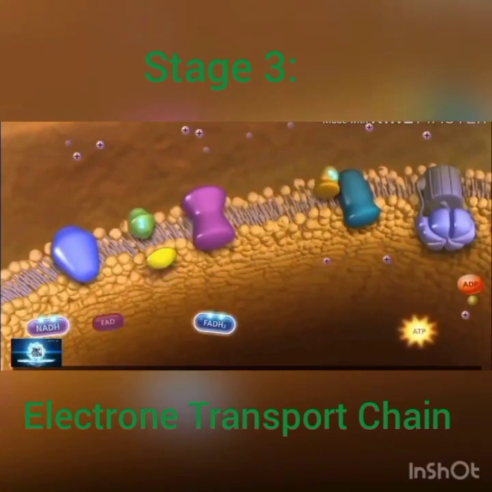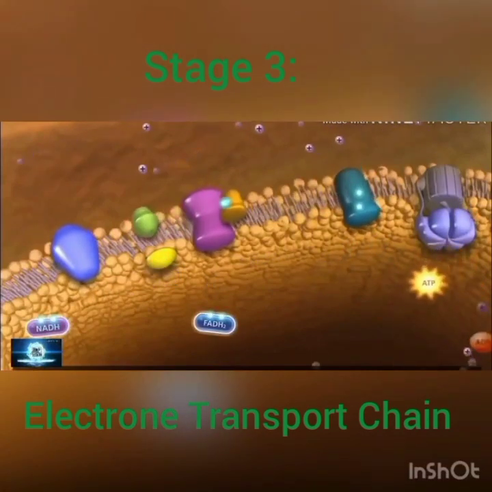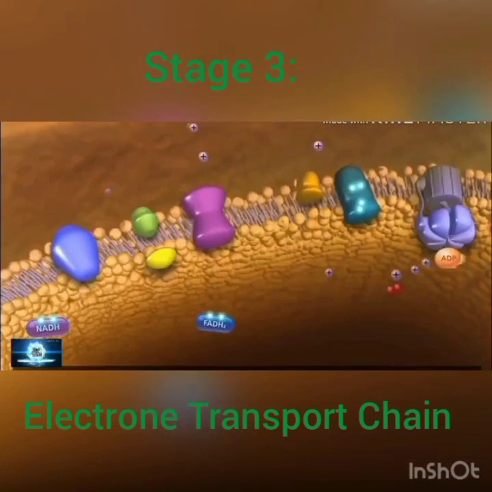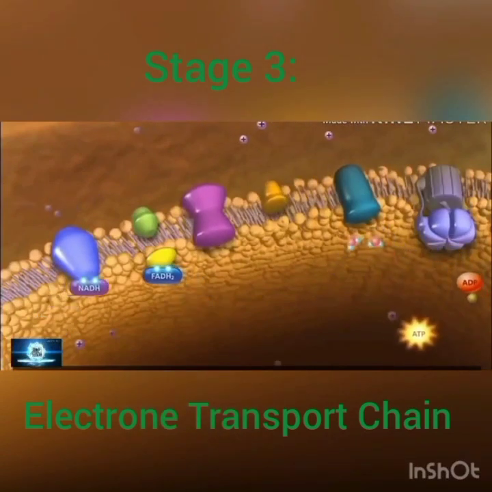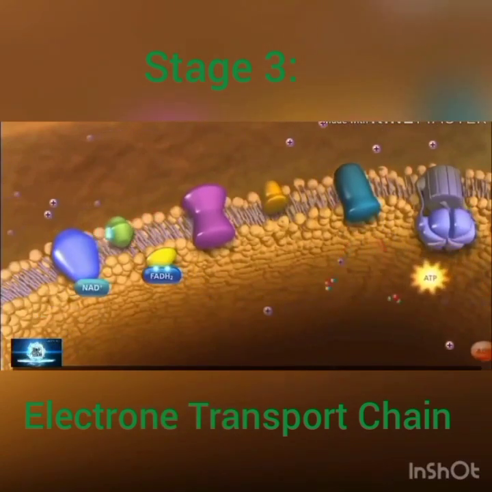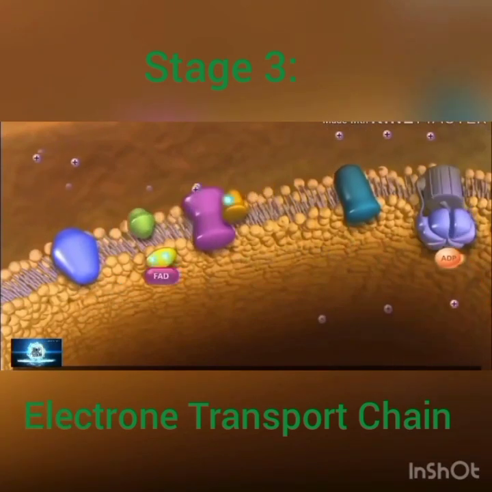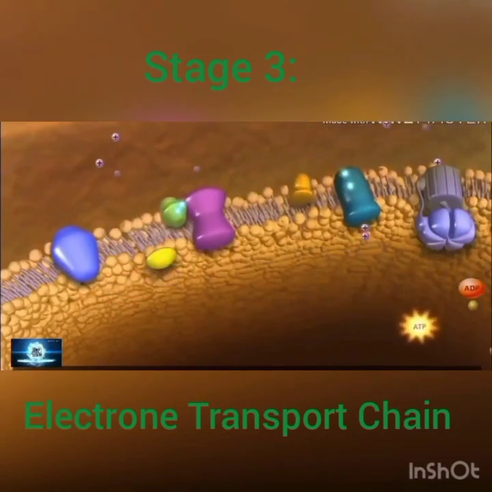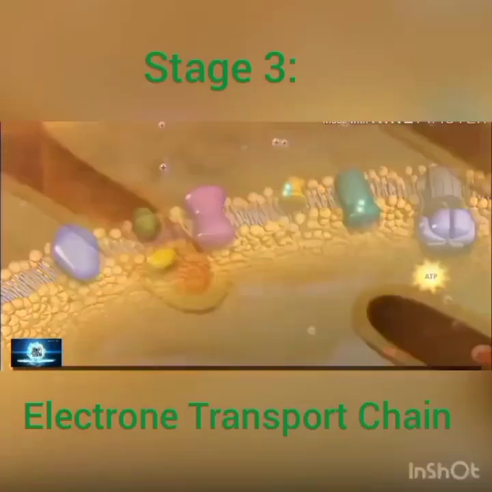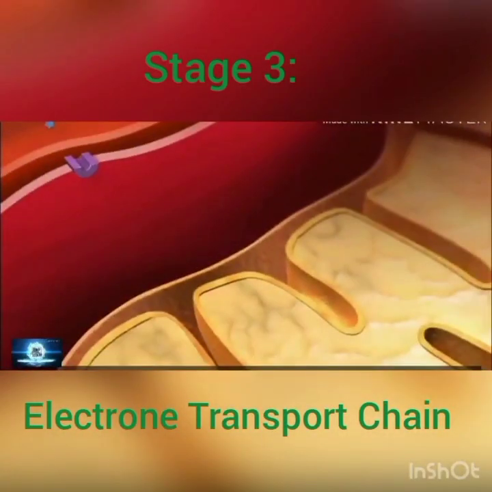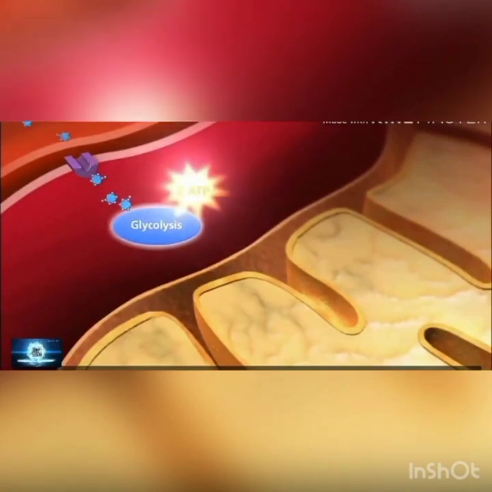All the high-energy electron carriers from the previous stages of plant cellular respiration bring their electrons into the chain. From these, the bulk of ATP from the entirety of plant cellular respiration is produced, a net of 32 to 36 ATP.